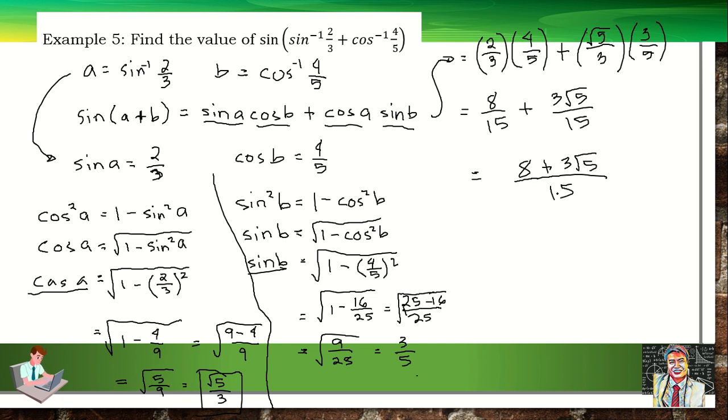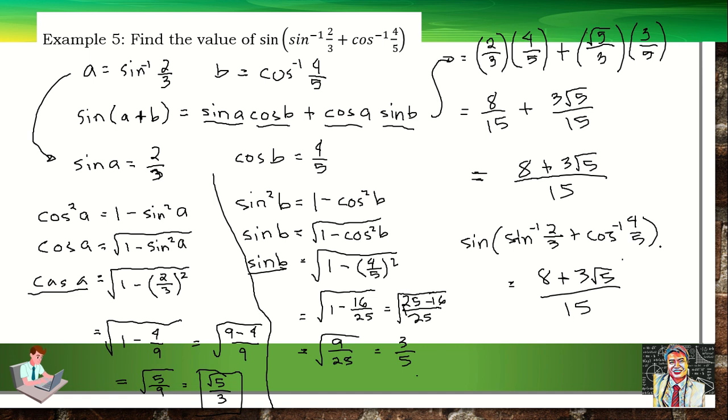Diba? Add the numerator, then copy the denominator. Since may radical sign yan, hindi natin pwedeng add. Okay? Unless we use calculator. So therefore, sine of inverse sine 2 over 3 plus inverse cosine 4 over 5 is equal to 8 plus 3 square root of 5 all over 15. Okay, ganun na siya kadali.